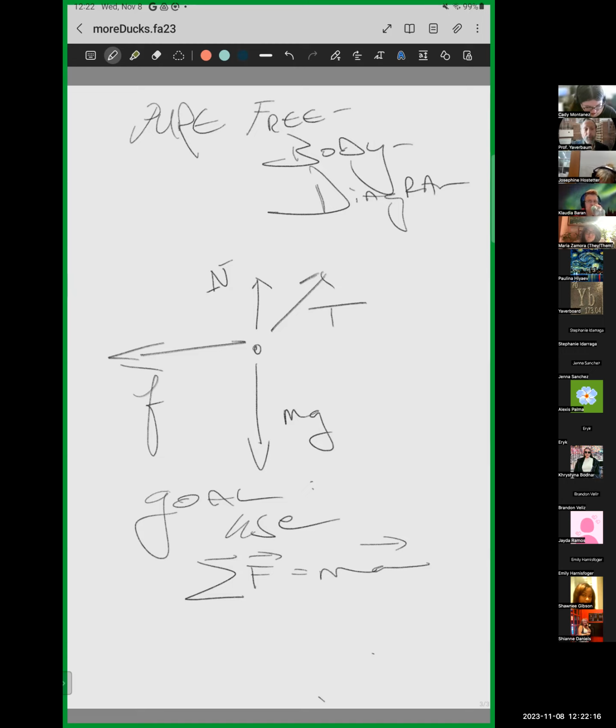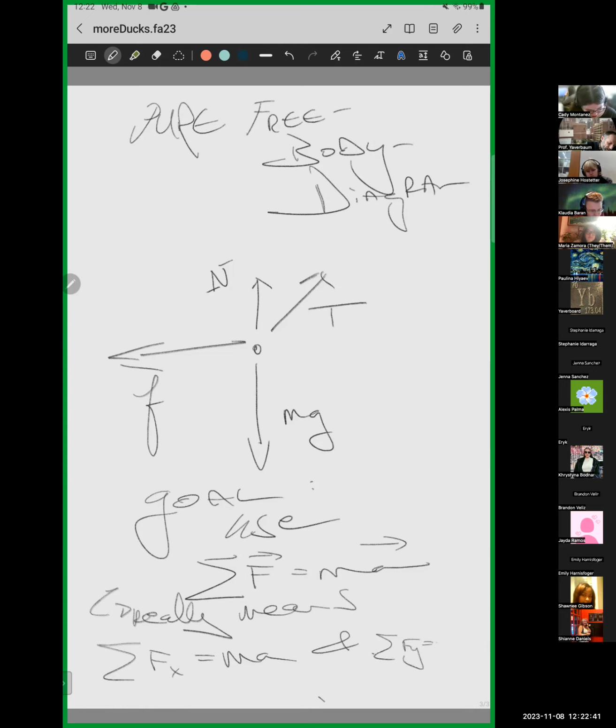To say that the sum of all the force vectors equals the mass times the acceleration vector is really to say that simultaneously yet independently along two axes, we have two equations happening. It's really to say this and this simultaneously yet independently, right?